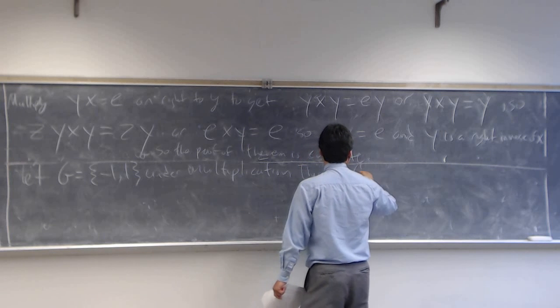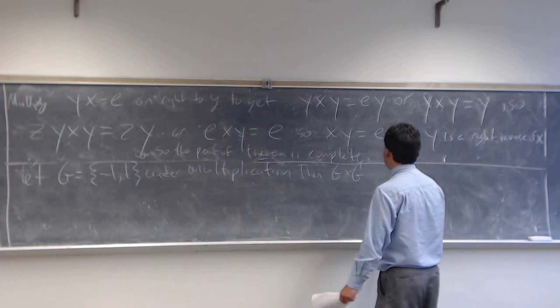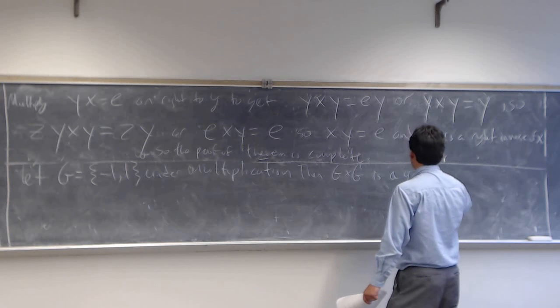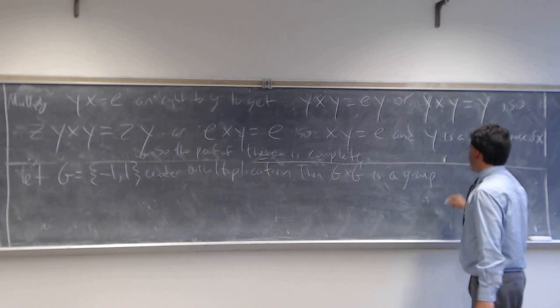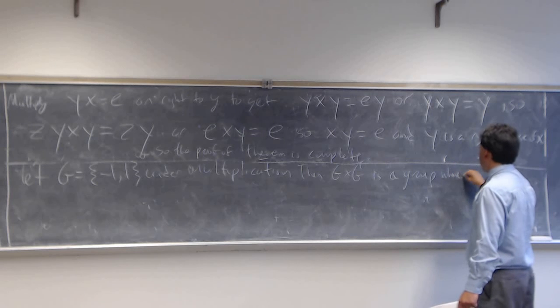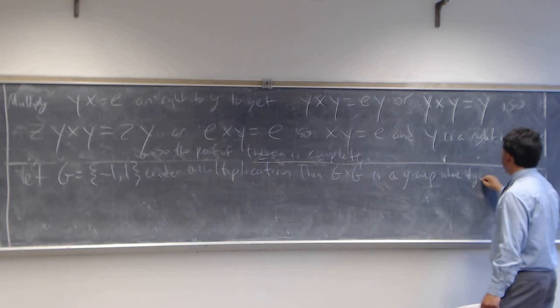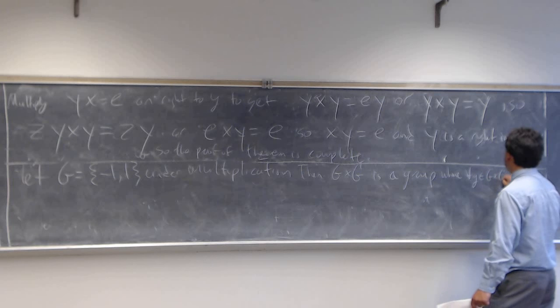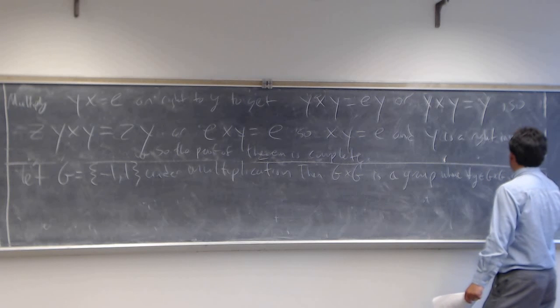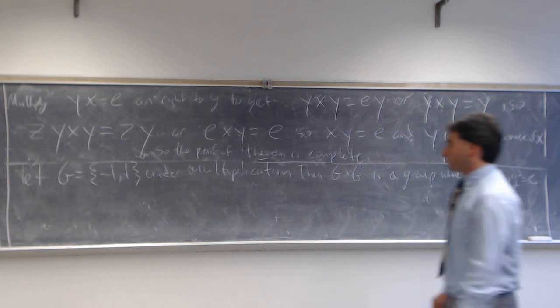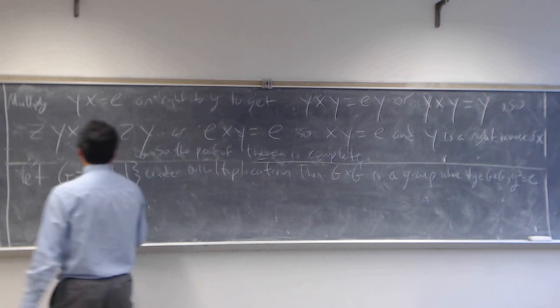Then G cross G, we've already seen, is a group, where for all elements in G cross G, the square is the identity. So we can make the Cayley table.